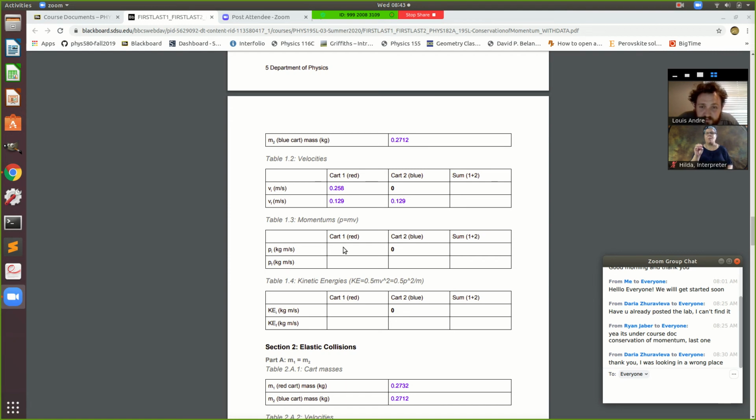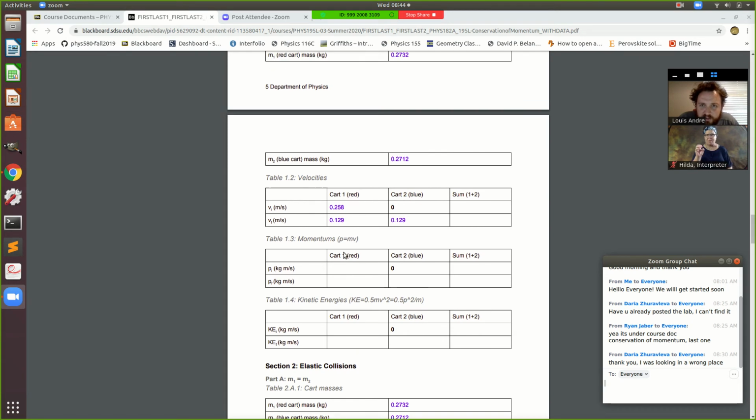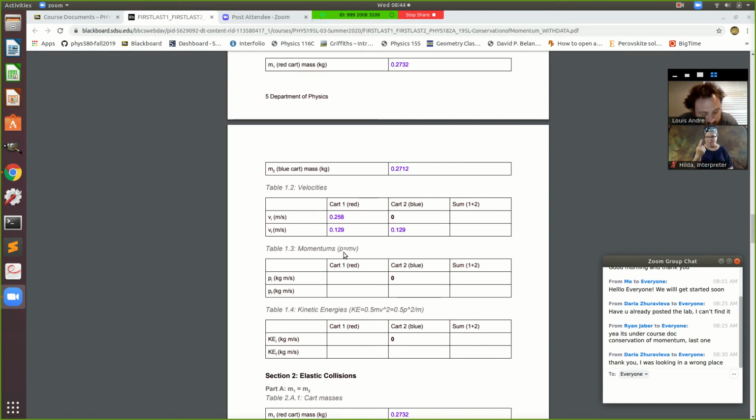Well, in this first block, it's the first cart's mass, m1, which is up here, 0.732, and then the velocity you're given right there, 0.258. So you have this mass times that velocity. That top velocity is what this momentum is.